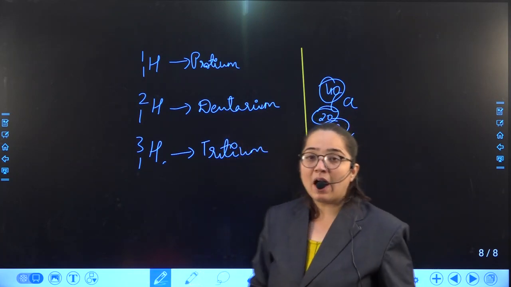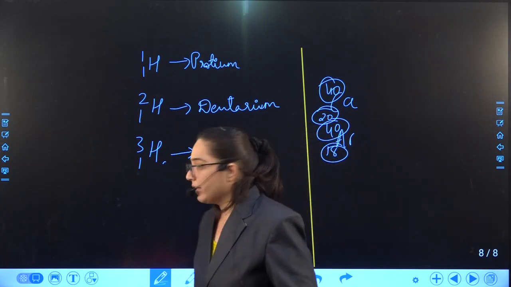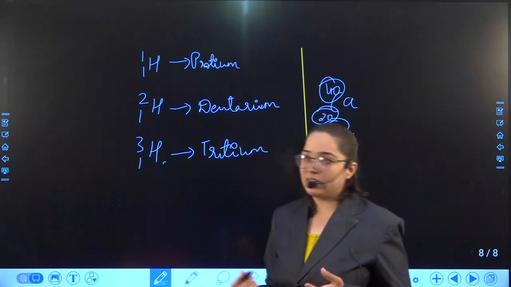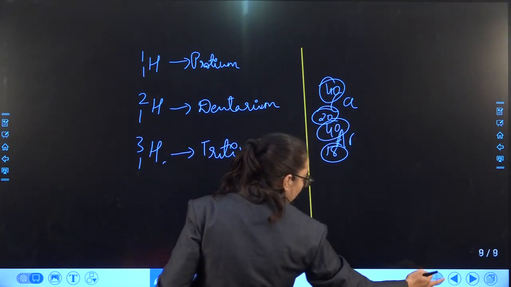And how do we calculate the atomic mass of an isotope? In that case they will give you the percentage. So this is the general way to calculate the total atomic mass.